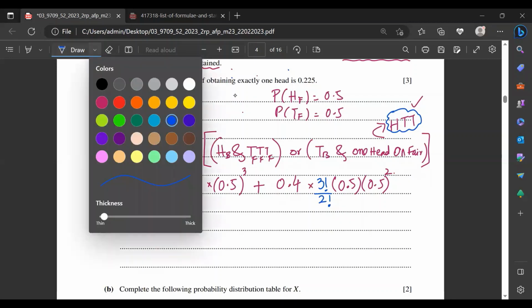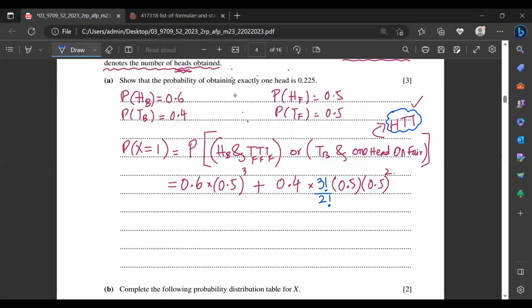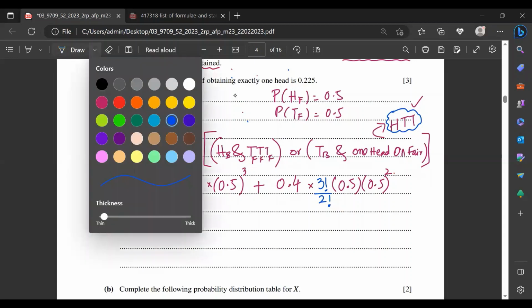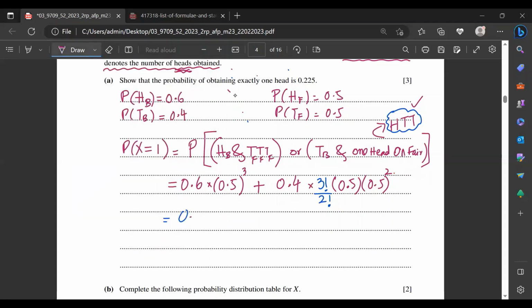So let us simplify the first. It is 0.6 multiplied by 0.5 raised to the power 3. So this is coming as 0.075, and the next is 0.4 multiplied by 3 multiplied by 0.5 multiplied by 0.5 power 2.